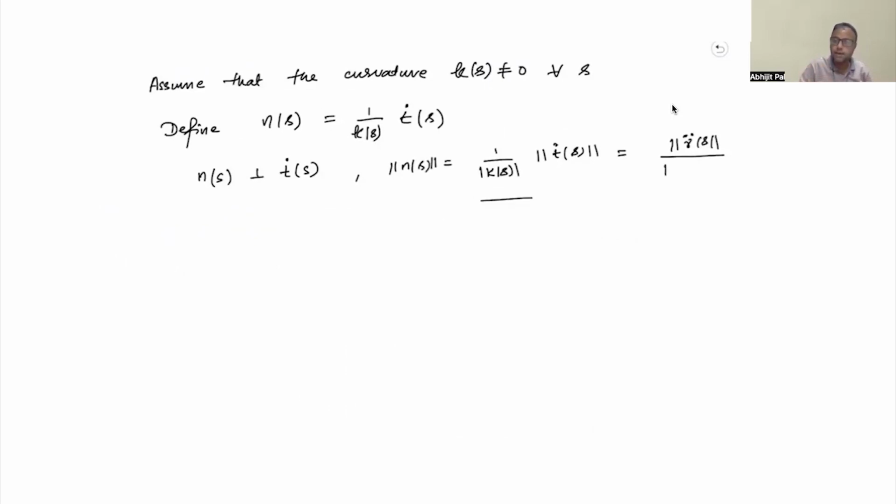Now mod of ks is the absolute curvature of gamma, which is the norm of gamma double dot s.